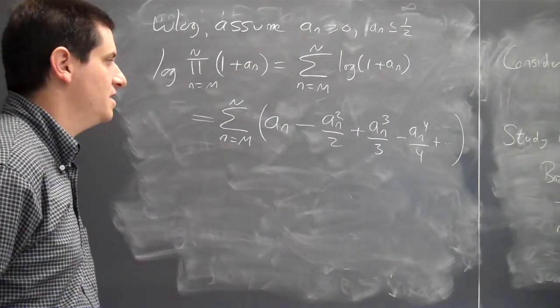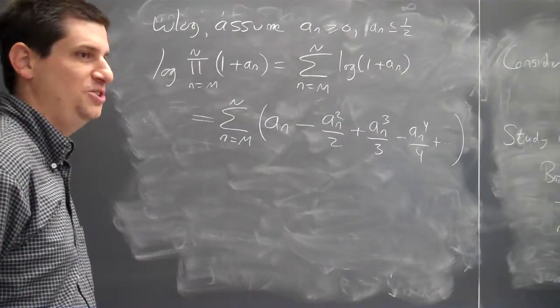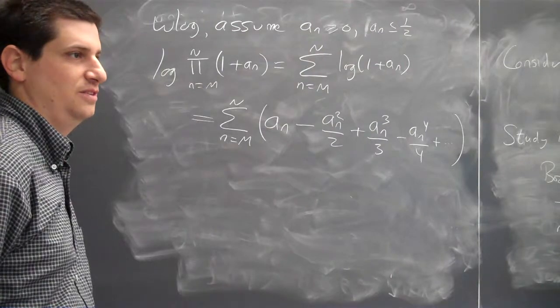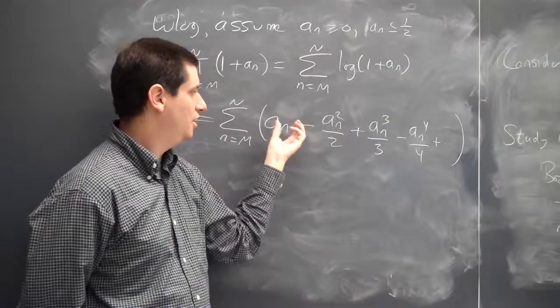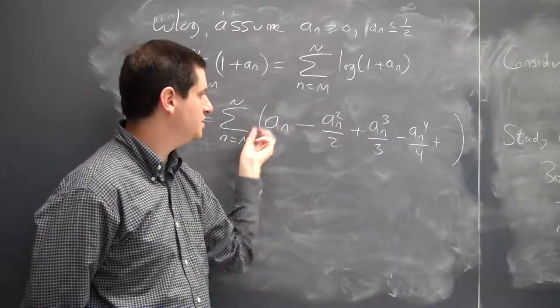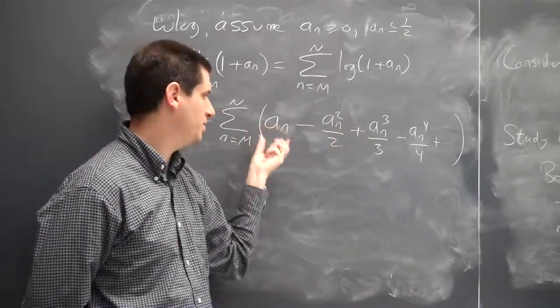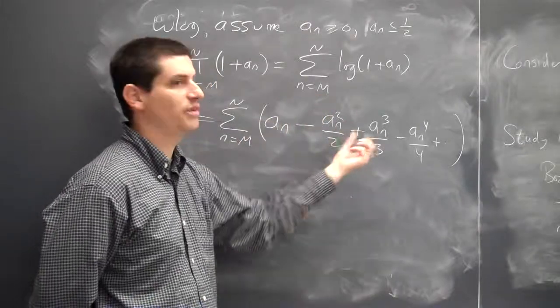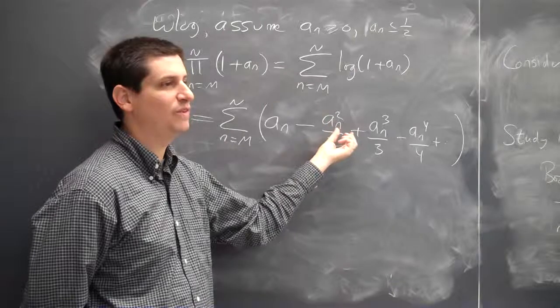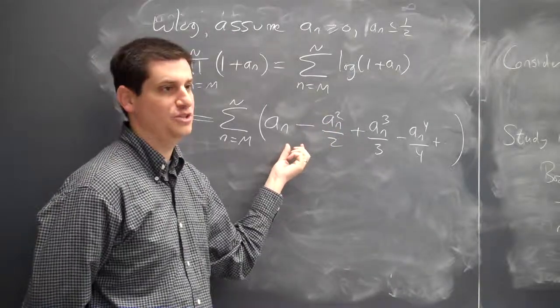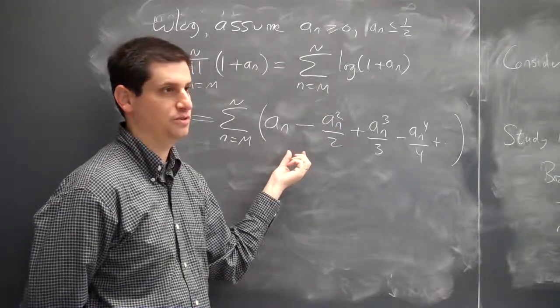This is where life is just barely annoying. I would love to basically just split the sum and do it term by term. The sum of a_n, the sum of a_n squared, the sum of a_n cubed. The problem is I don't know what's the sum of a_n squared relative to the sum of a_n. It's smaller, but by how much?